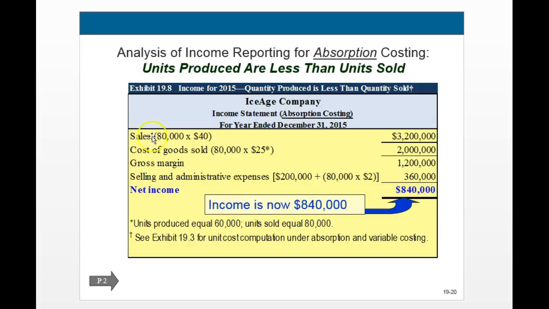So if we look at this, we sold 80,000 and units produced were 60,000, which means we pulled that other 20,000 out of inventory. So this is absorption, and you end up with a net income of 840,000 because this right here has the $200,000 in it of fixed costs.